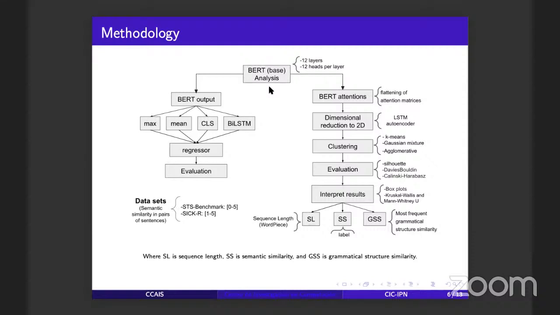And I interpreted the results in 3 aspects: sequence length, and semantic similarity, that is my label, and the grammatical structure similarity. And in all these experiments, I use the STS benchmark and SIG datasets.